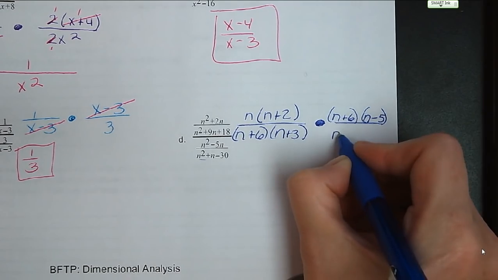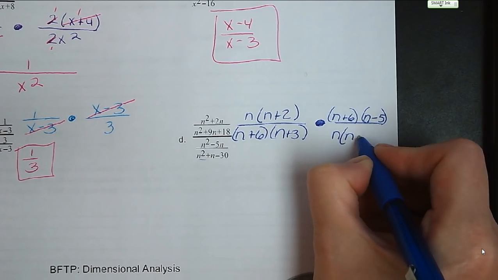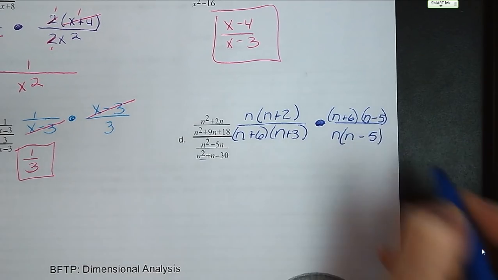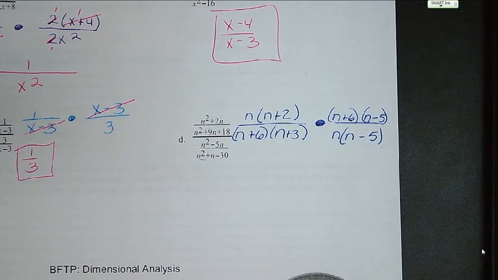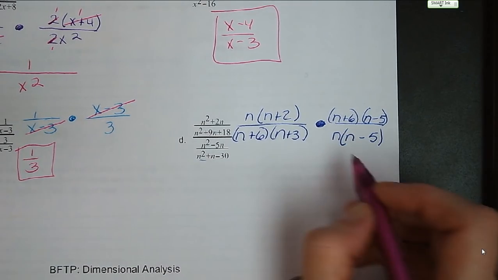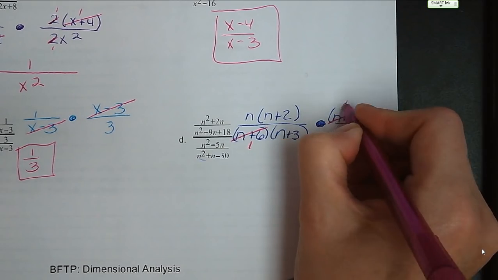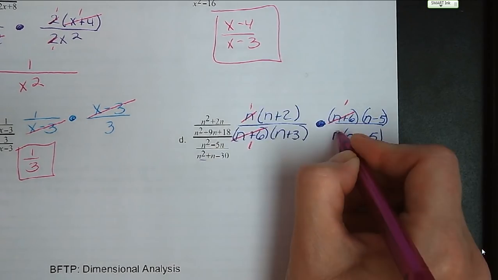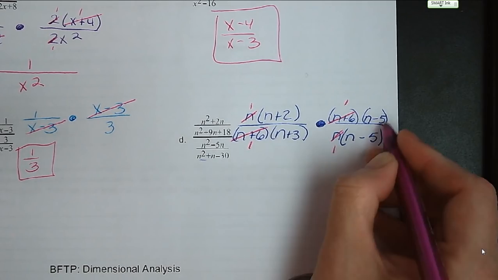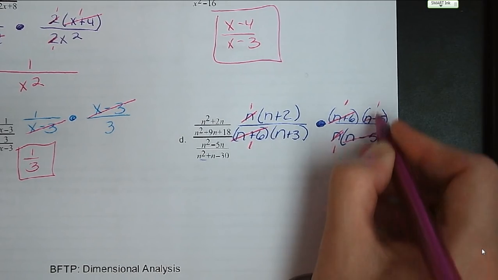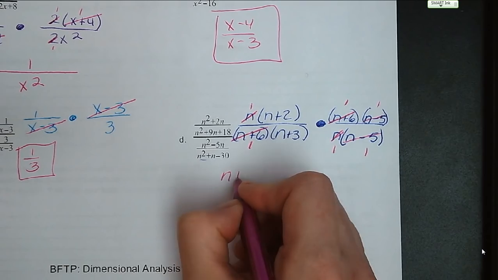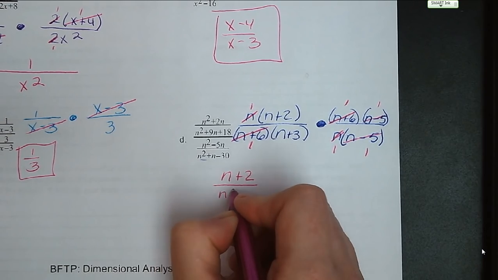N squared minus 5n is n times the quantity n minus 5. Now we just need to cancel what we can cancel. So n plus 6 cancels out. N's cancel out. N minus 5 cancels out. And we're left with n plus 2 over n plus 3.